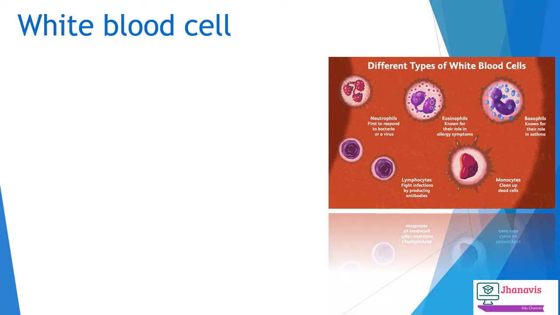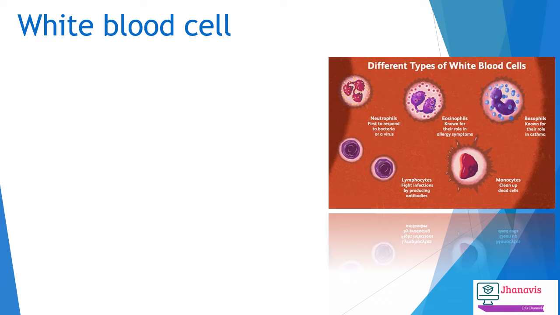But our body is resistant to a few types of viruses and bacteria. This is mainly because of the immunity produced in our body. When we talk about immunity, the first thing that should come to your mind is the white blood cells, which we call WBCs.